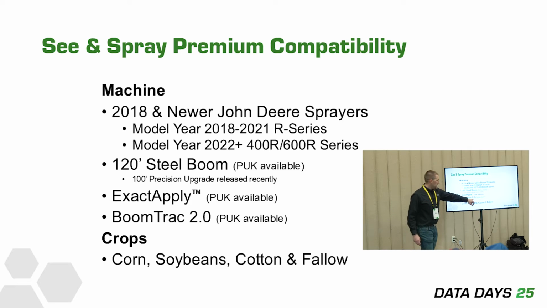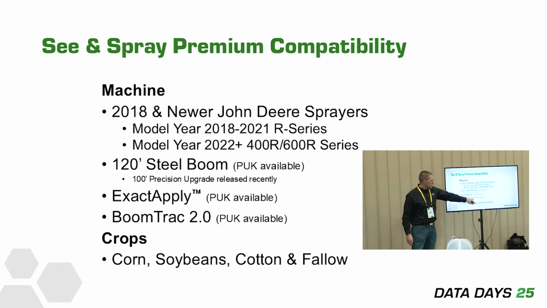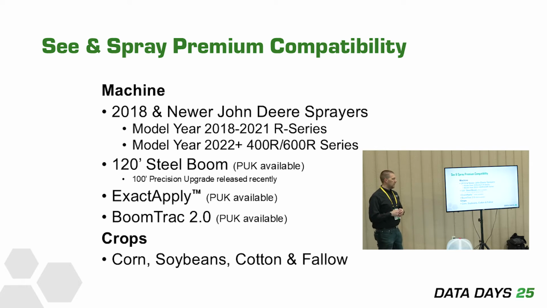We also have an upgraded boom track, so height control system on our booms. Traditionally, our boom track system has just looked at the ground, made adjustments when it sees a valley, a dip, or needs to bring the boom down. The Boom Track Pro 2.0 adds measurement systems on the machine and on the boom that watch the roll, similar to what other boom height control manufacturers use, but that does give us a lot more stability and predictive movement of the boom instead of just being reactive.